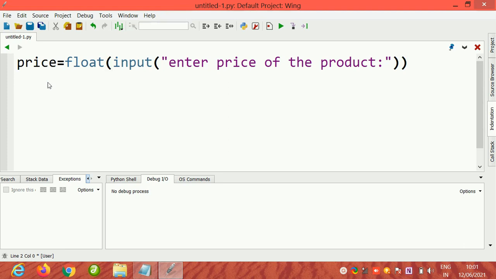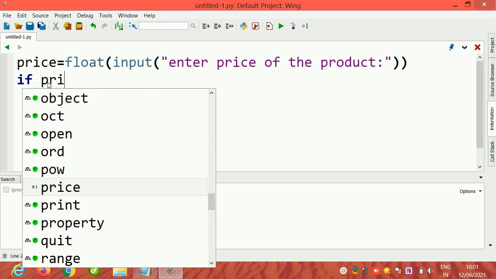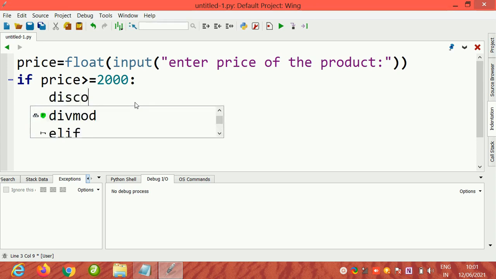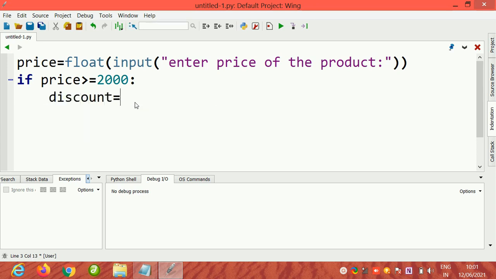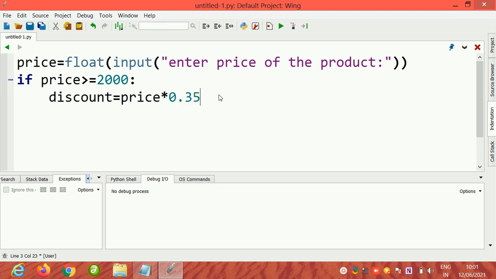Then we have to give the condition, that is if price greater than equals to 2000, then your discount is price into 35%, that is 0.35.